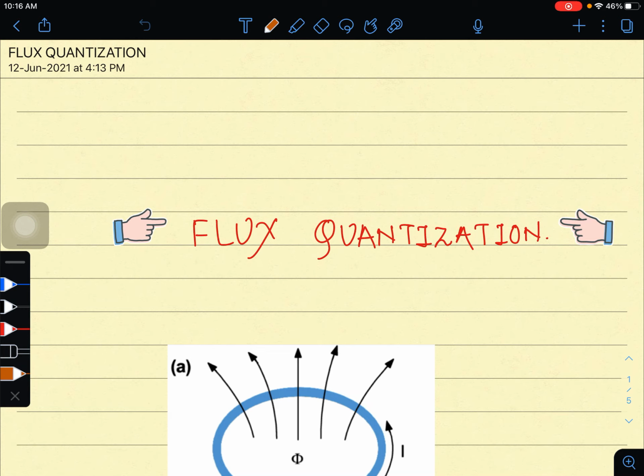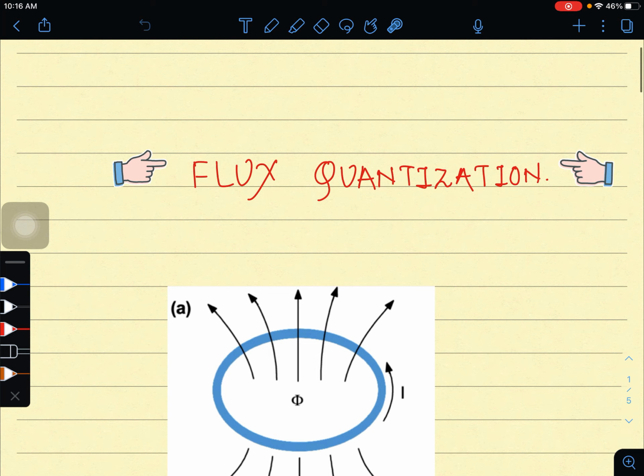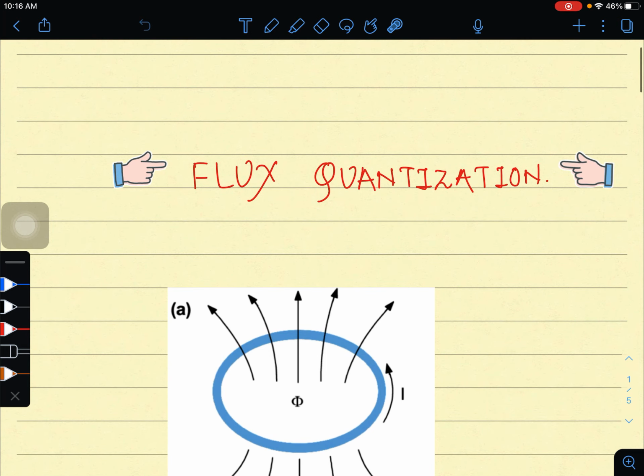We are at the ninth lecture of superconductivity, and today we are on the last topic of superconductivity, that is flux quantization. In previous lectures, we discussed the different kinds of theory related to superconductivity, like the London equations and the London theory.